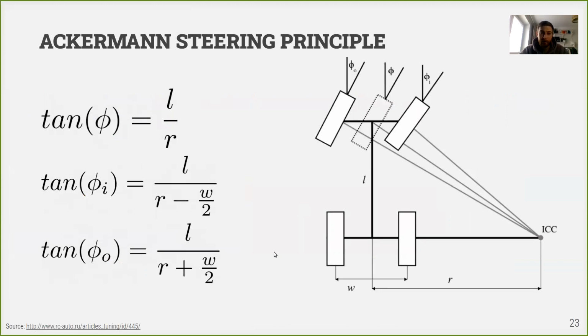And talking about equations, there are quite simple equations also derived from triangular geometry. And you can see that the closer wheel, this one, will have a smaller radius of rotation, and this wheel will have a bigger radius of rotation.